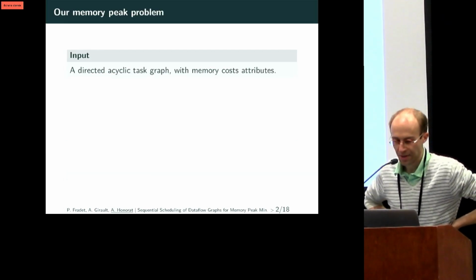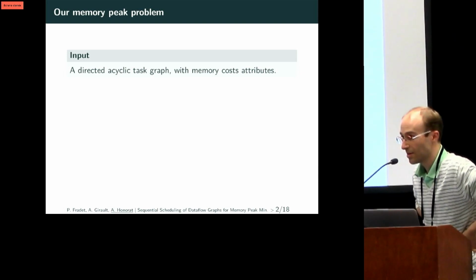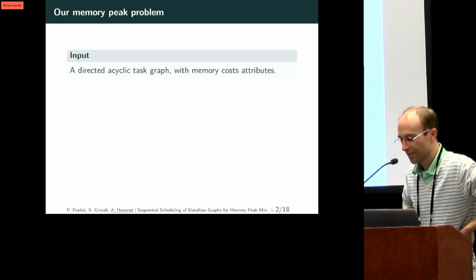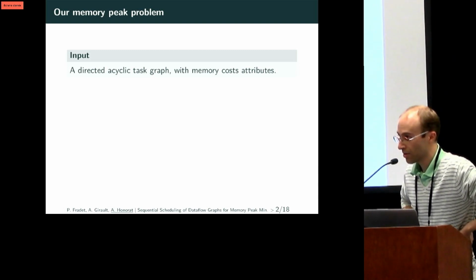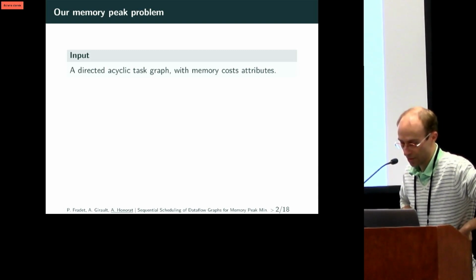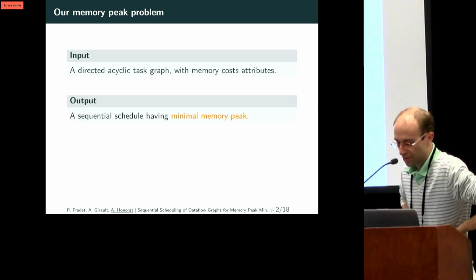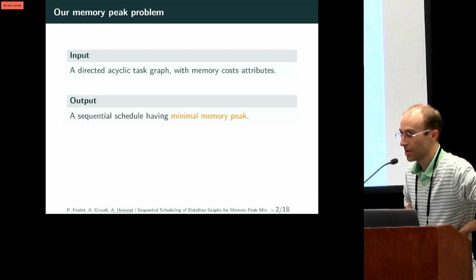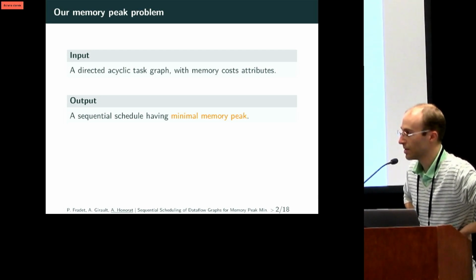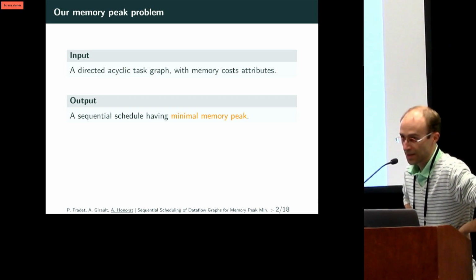As an input, we consider a directed acyclic graph, which has memory cost on the nodes and edge attributes. And as an output, we want to compute a sequential schedule having the minimal memory peak, that is, the maximal amount of live memory during the execution.